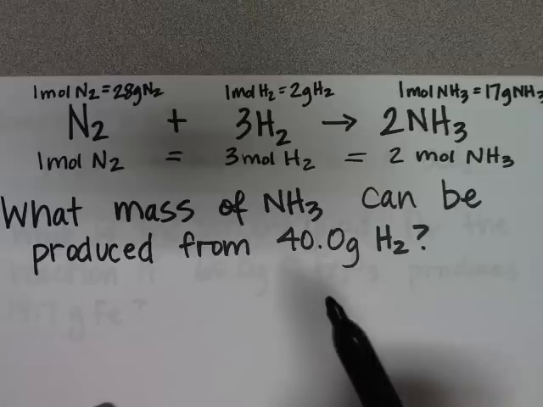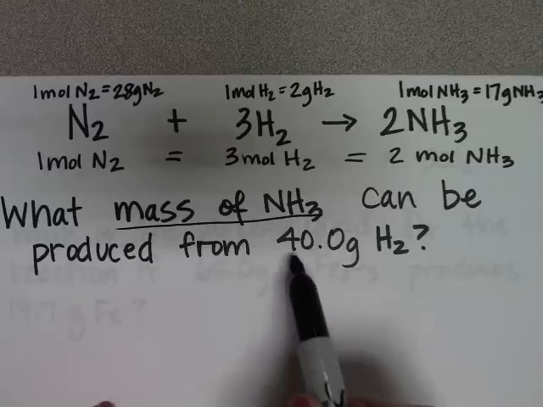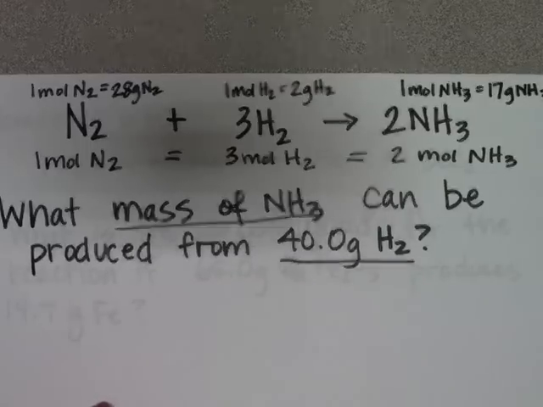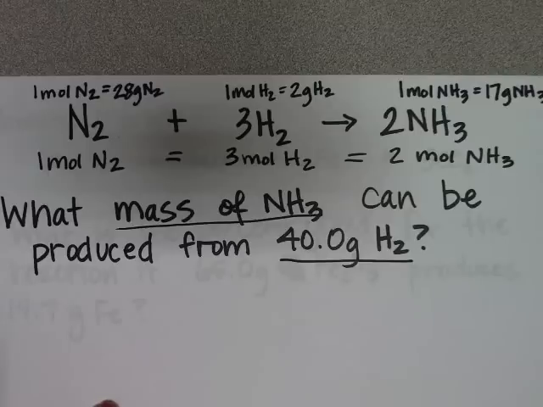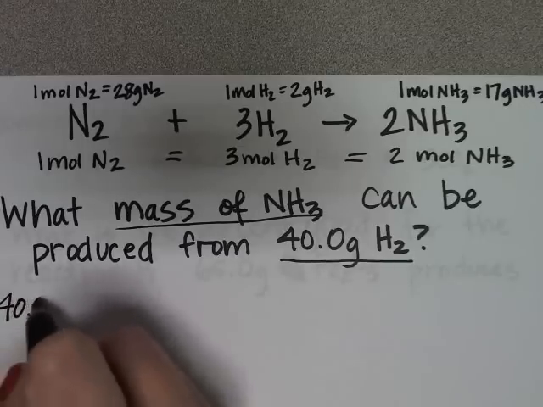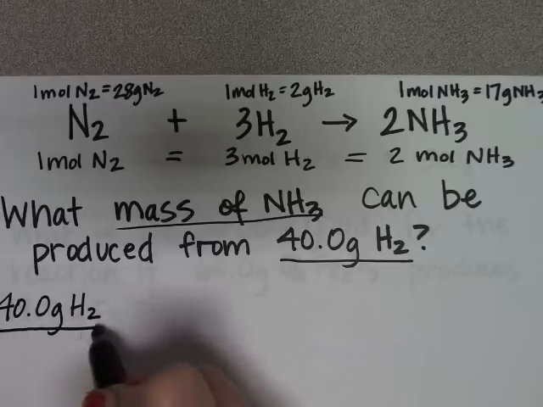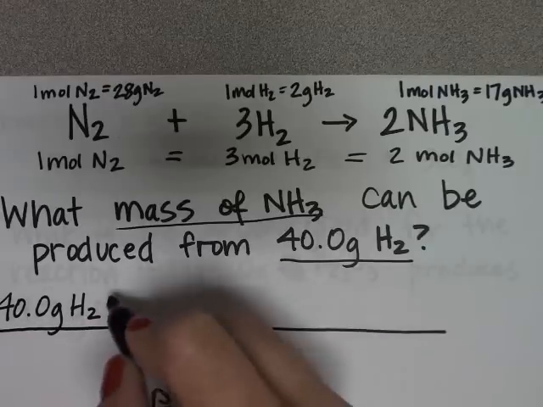What is the mass of ammonia? So we're looking at ammonia and we're comparing it to an amount of hydrogen. How much ammonia can we produce from 40 grams of hydrogen? So I'll just go through the setup with this problem. This should be a review of the stoichiometry problem.